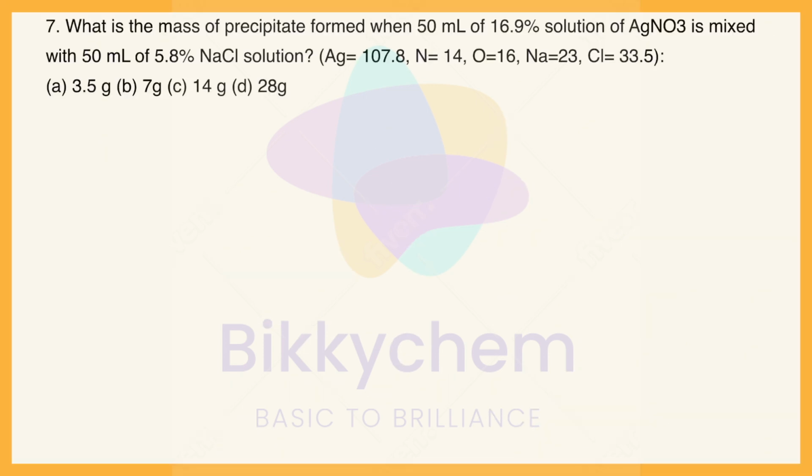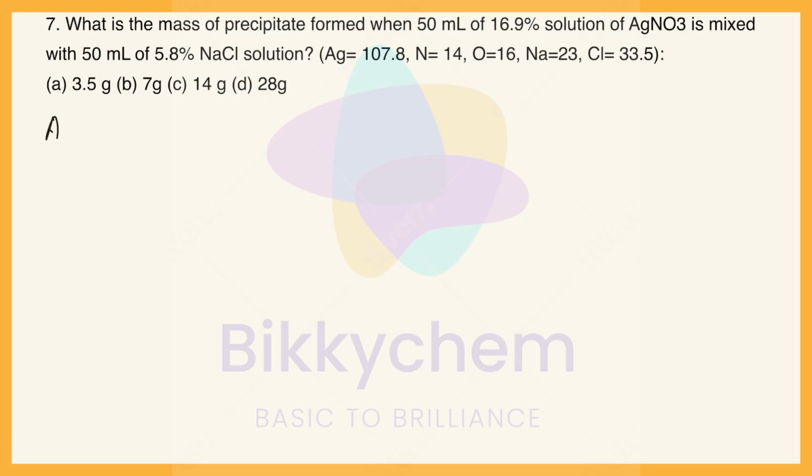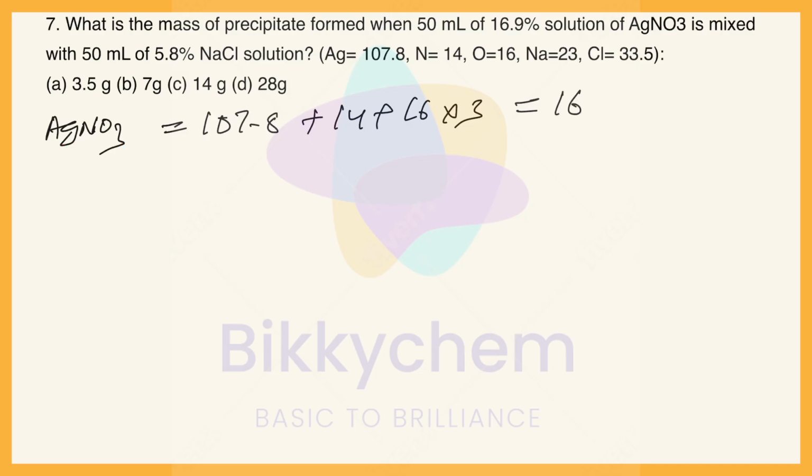Okay, dear students, we will see the next question. We need to find out the mass of precipitate when 50 ml of 16.9% solution of AgNO3 is mixed with 50 ml of 5.8% NaCl. So we know that the AgNO3 molar mass will be 107.8 plus 14 plus 16 into 3, which together is 169.8, which can be taken as 170.